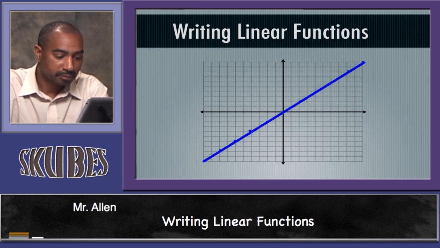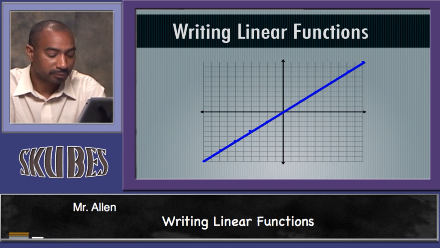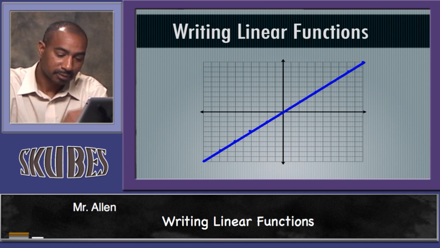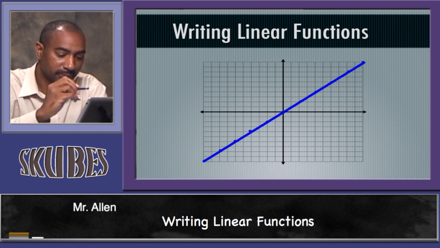Okay, what happens if, again, you're just given the line? Now notice in the last graph, that line was going downhill. And you notice that slope was negative. Notice that this one from left to right is going uphill. Let's see what that means for the slope. It passes through the origin, I notice. That's my y-intercept.